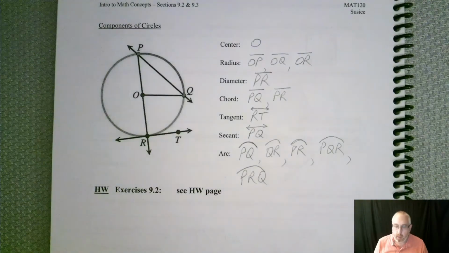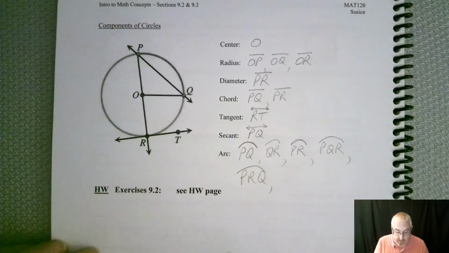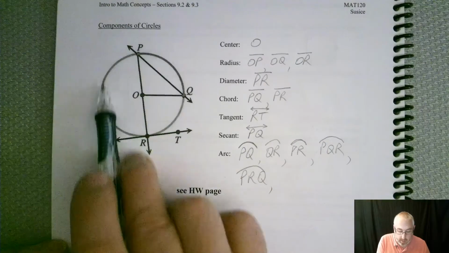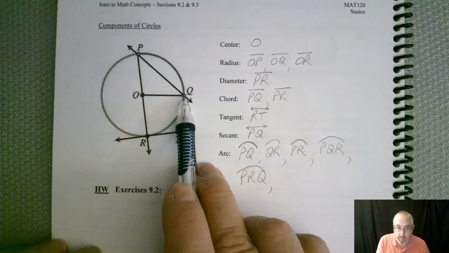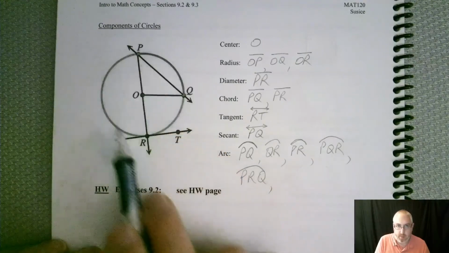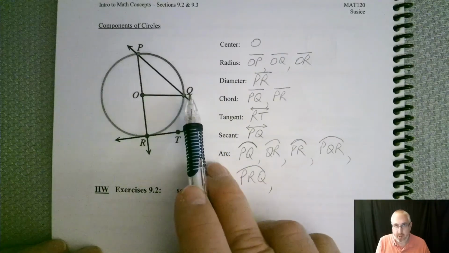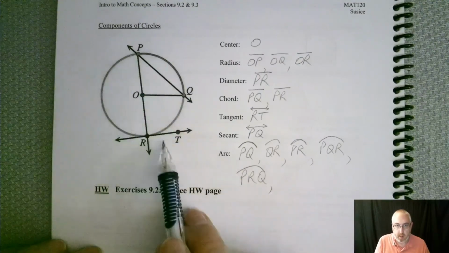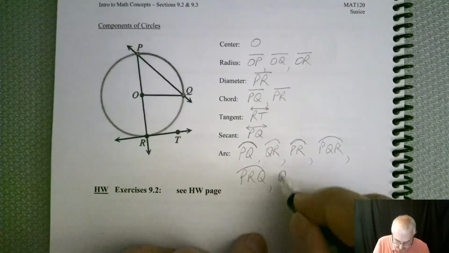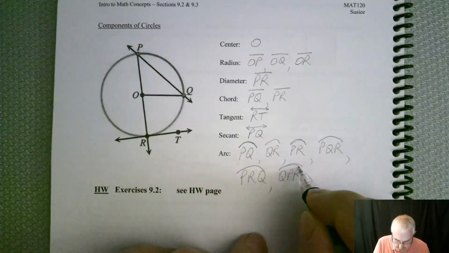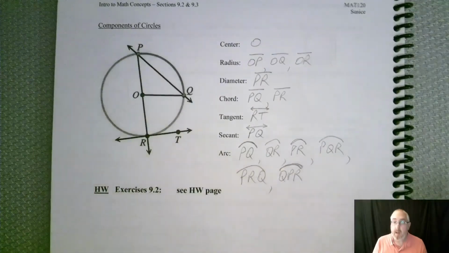And then there's one more. The last one, well, if we started at R and went to Q, so it's the 3/4 on the other side. So again, it doesn't matter which order. I like to try to go alphabetical if I can. So Q, P, R. And that's the last one.